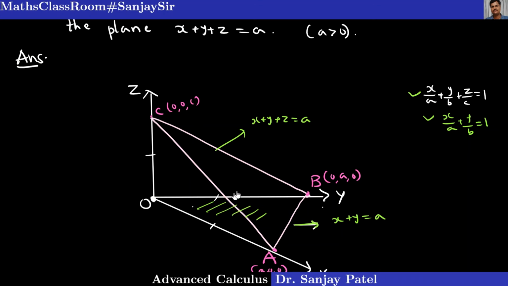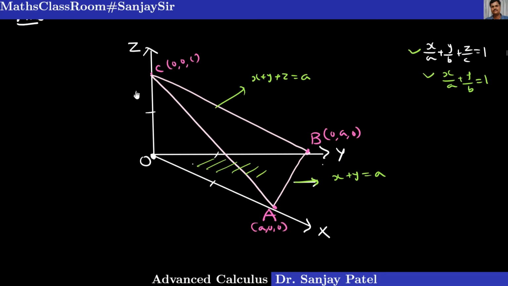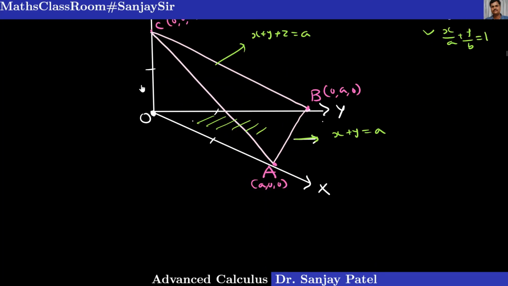We want to integrate in this region. So how to write the limits of integration, that is very important. Let me write the triple integral of the function x square dx dy dz over the given volume, which we want to write in terms of some iterated integral.